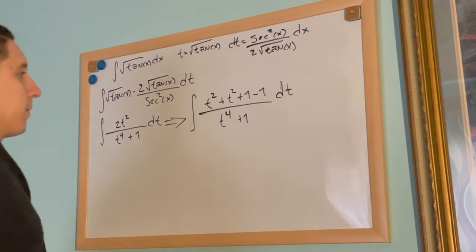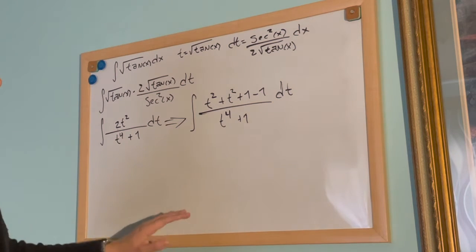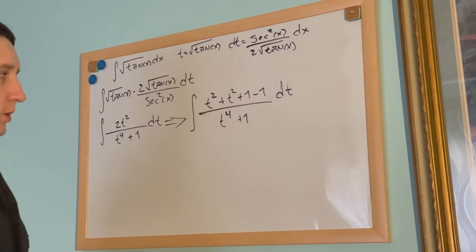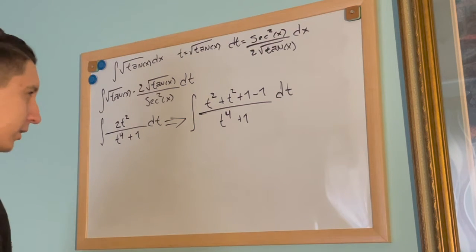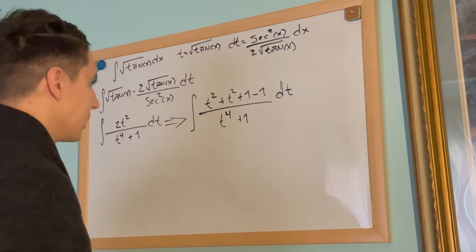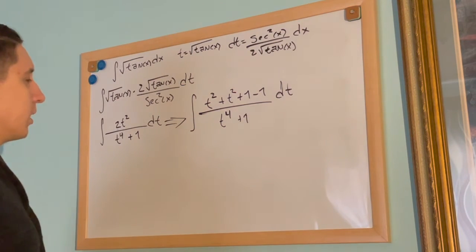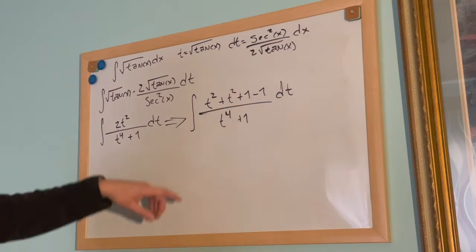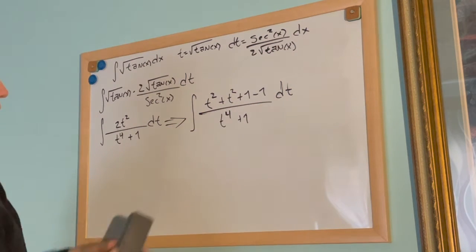So now the reason why we do this is it's like a form of partial fractional decomposition. It's a variation of that. I don't necessarily know the exact term for it, but it is a type of partial fractional decomposition, because what we can do here is group one of these t squared terms with one of the ones and then the other one with a minus 1.